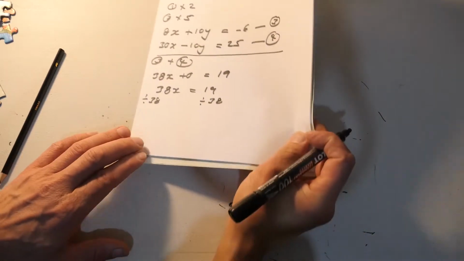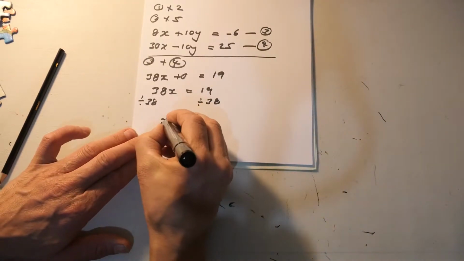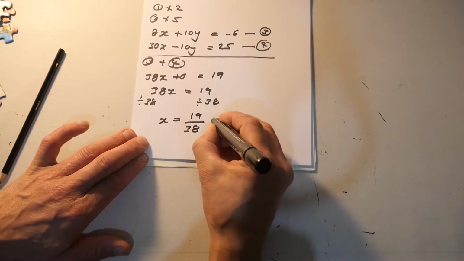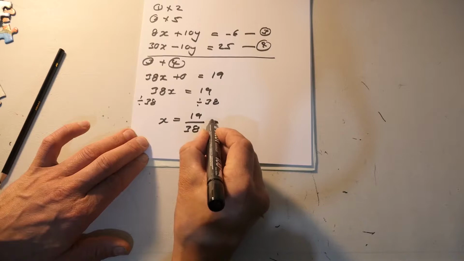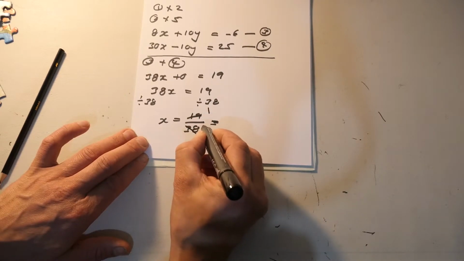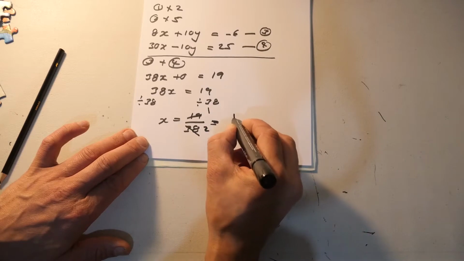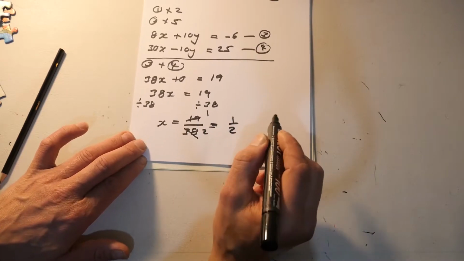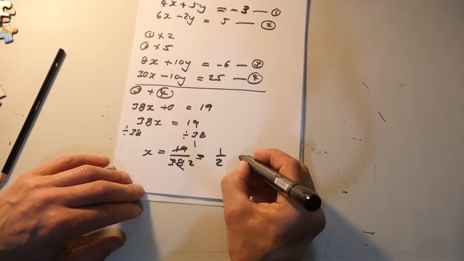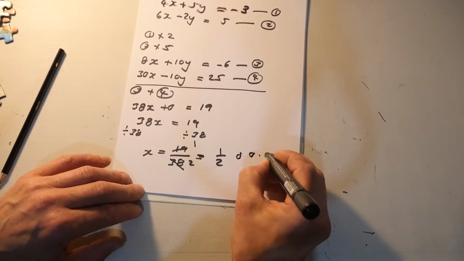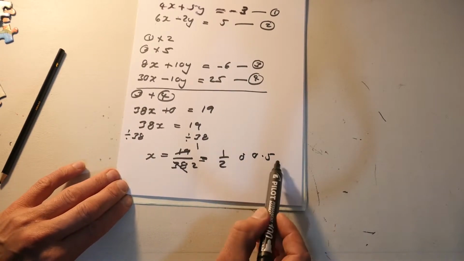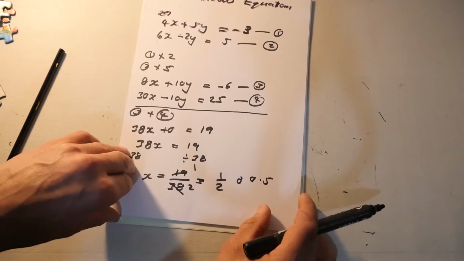Okay, so you get x equals 19 over 38, which equals 19 goes into 19 once, 19 goes into 38 twice, so that equals a half, okay? It's easier to leave it as a fraction rather than as 0.5, because when you come to test this, it's actually easier to work with this than that, okay?